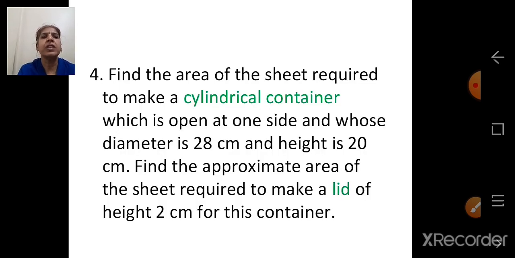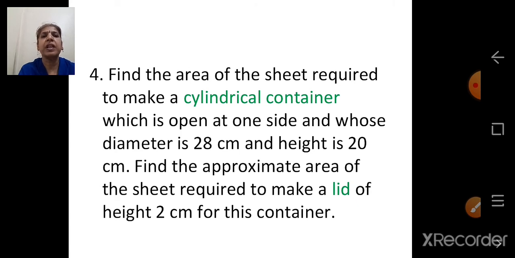Find the area of the sheet required to make a cylindrical container which is open at one side and whose diameter is 28 centimeter and height is 20 centimeter. Find the approximate area of the sheet required to make a lid of height 2 centimeter for this container.